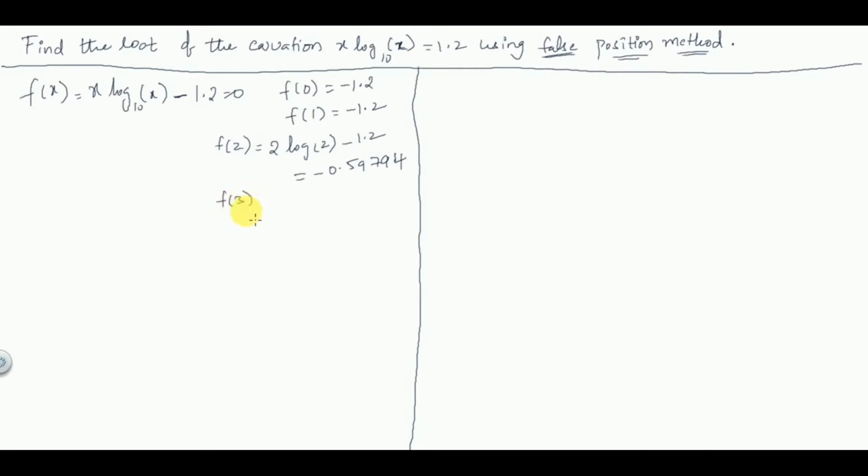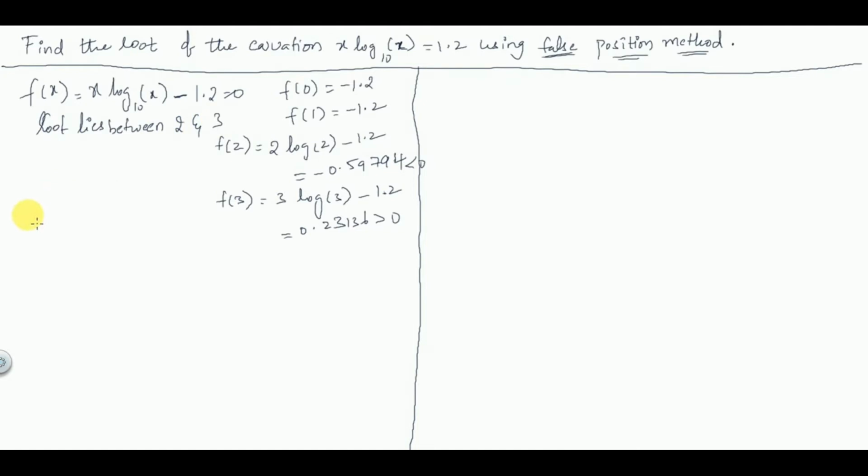So that is why I am finding for 3. 3 into log 3 minus 1.2, if you solve this you will get 0.23136. It is positive and this is negative. So the root lies between 2 and 3.